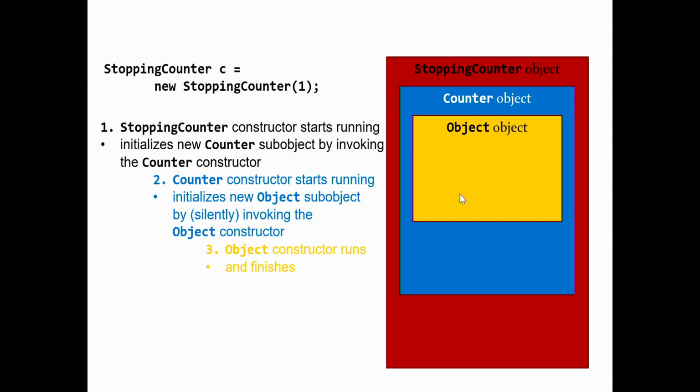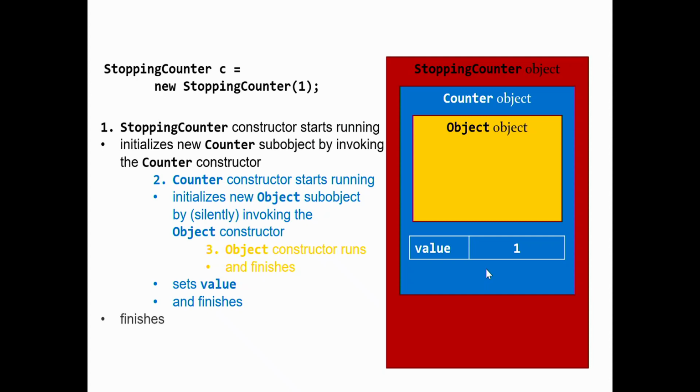The way this works in Java is the classes that are higher up in the inheritance hierarchy get built first. So Object is constructed and completed first. Then the counter object finishes construction, so now the counter part of the stopping counter object is done.